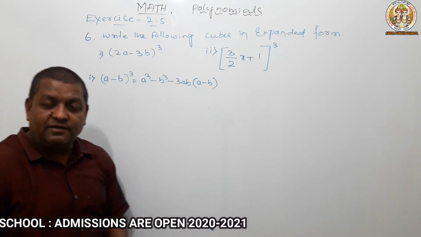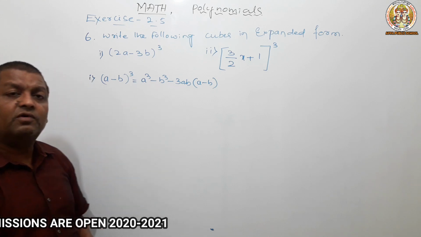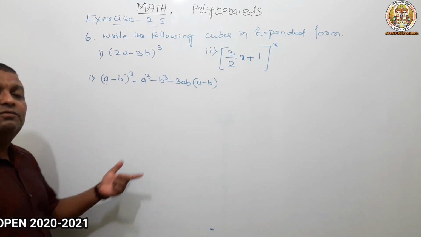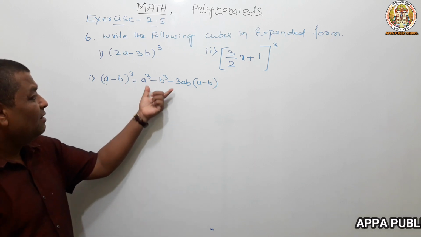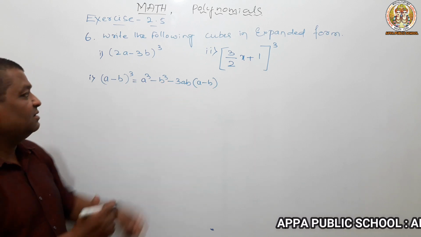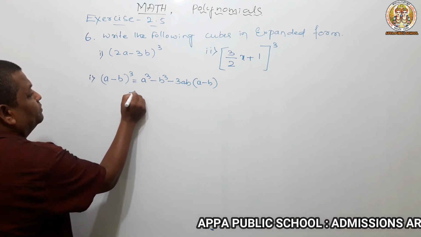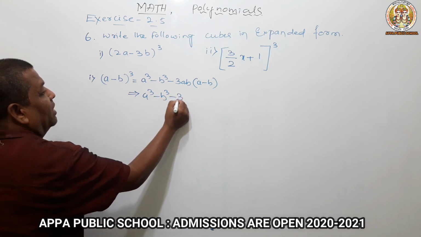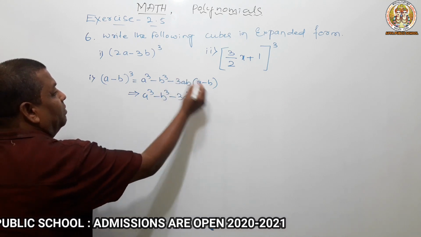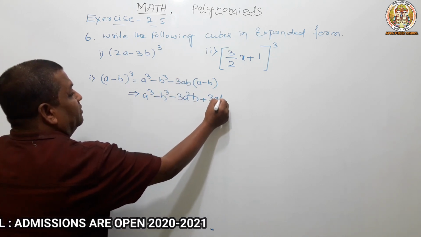First you write this formula, afterwards you go for expansion of this. If you are perfect in writing directly, you are welcome, but it's a safe method. So this leads to a cube minus b cube minus 3a square b plus 3ab square.